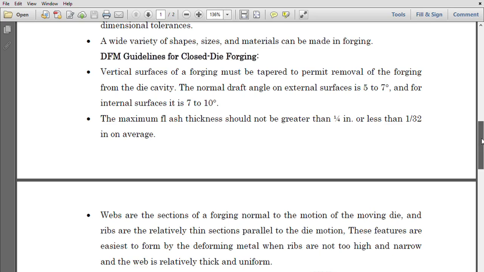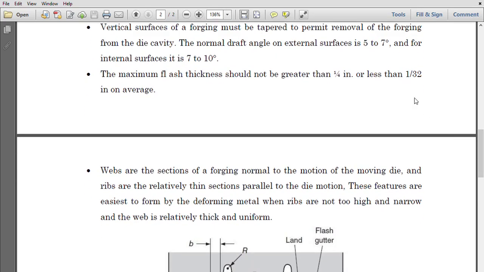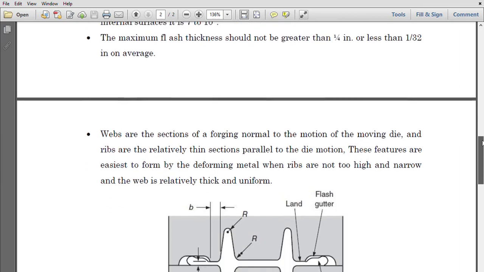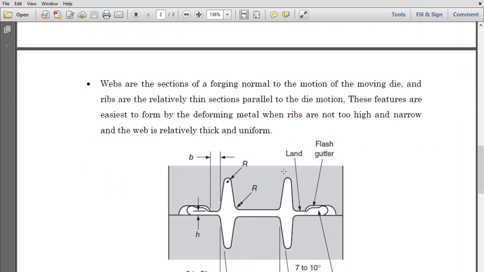Here I mean forging by the completed part after the operation has been completed, right? Then the material which comes out of the parting line after the forging has been completed is known as flash. The maximum flash thickness should not be greater than 1/4 of an inch or should be less than 1/32 in an average, right?